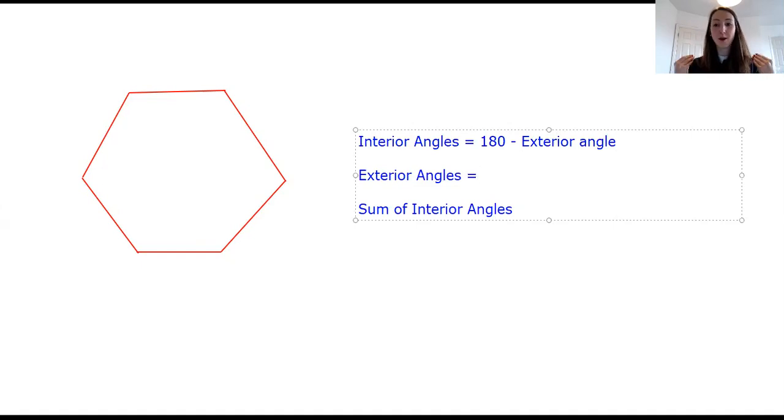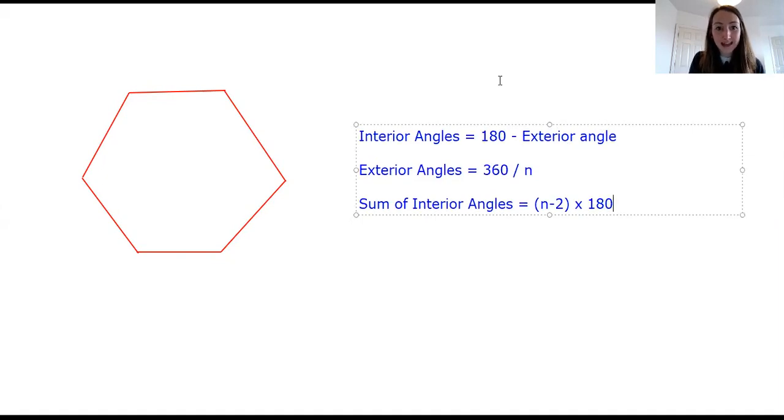My exterior angle, I can work out by doing 360 degrees divided by n. And the sum of my interior angles, I can work out by doing n minus 2, times 180. Again, if this is going straight over your head, don't worry at this point. This is just the formulas. I'm just popping down the formulas so that by the end of it, hopefully you'll understand and use them a little bit more.